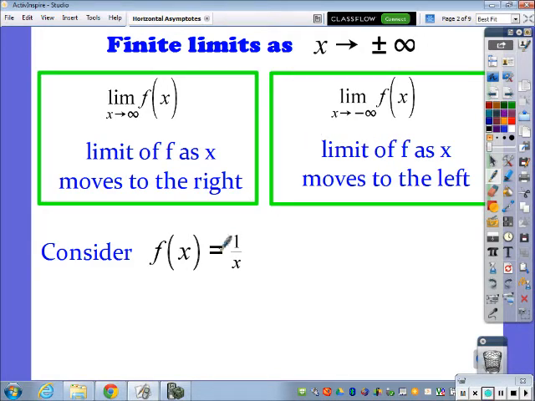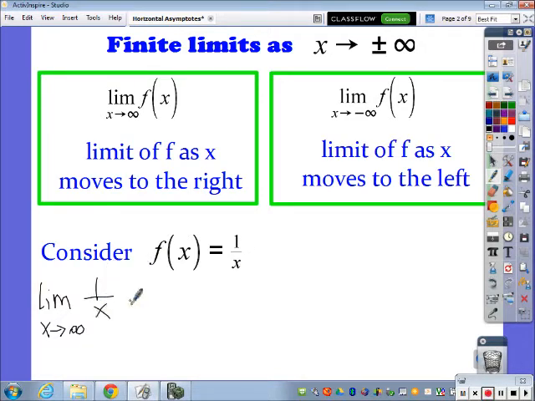So let's consider the function f of x equals 1 over x. If we want to examine the limit, let me rewrite that. Let's try again. The limit as x approaches positive infinity of this function, which instead of writing f of x, let's just write 1 over x.